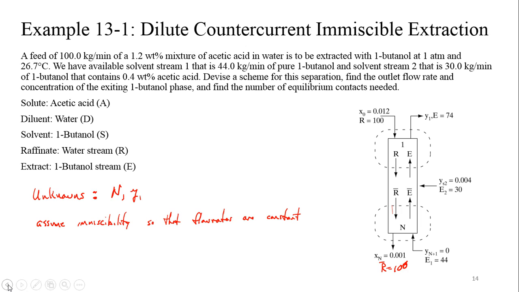Yes and no, but in order to do that, I still have to know a point that that operating line passes through. Do we know enough information right now to figure out a point that it passes through? That bottom operating line, does it pass through any points that we know? It passes through x sub n, y sub n+1, right? It does. And we know both of those values right now, right?